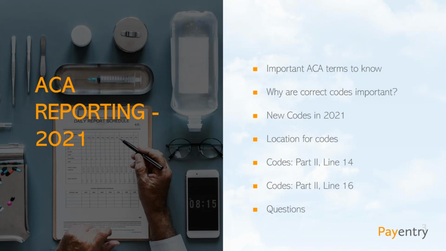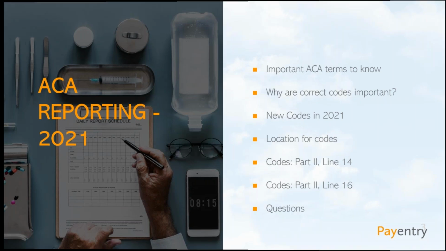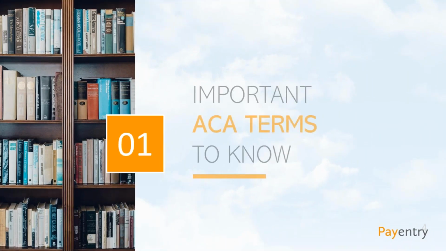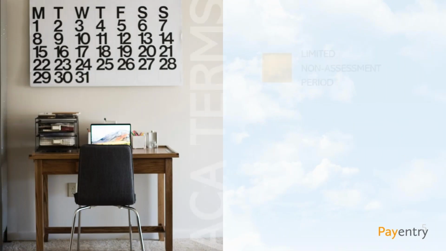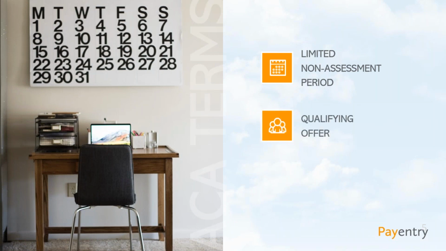We'll get started with the ACA terms to know. The first term is limited non-assessment period. We're also going to determine what a qualifying offer is, and there's a lot of confusion around qualifying offer, so I want to go over that in good detail.